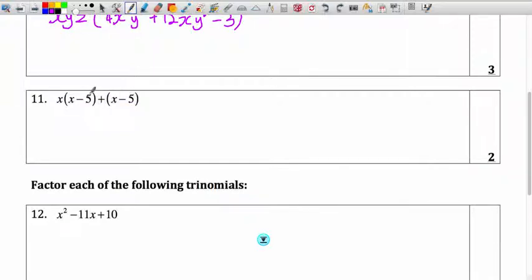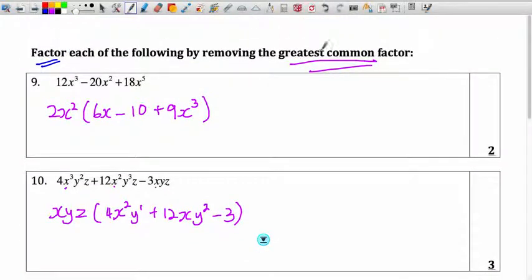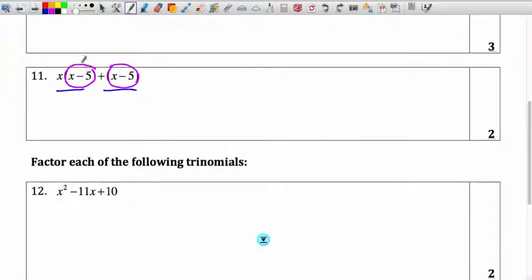Okay, small application question. This is also a GCF question. What you need to do is look at the entire set of parentheses as a single term and realize that each of the two terms has an x minus 5. And so this very clearly comes under the heading of factoring and GCF. Most of you made the error in assessments of distributing this.